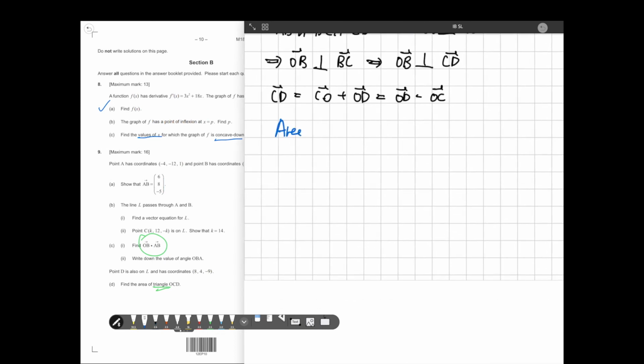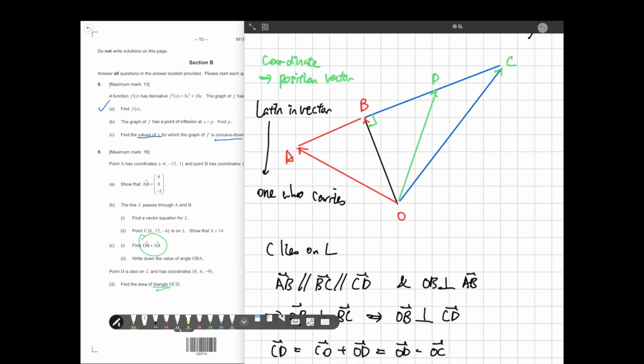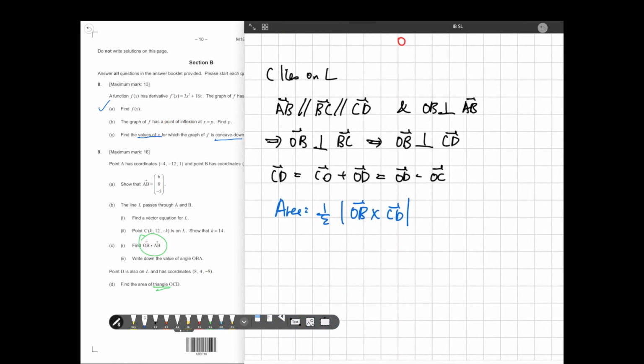And about the area, we know that the area is just half of OB cross CD, right? So OB cross CD, that is what we want to find. And how can we find these two values?